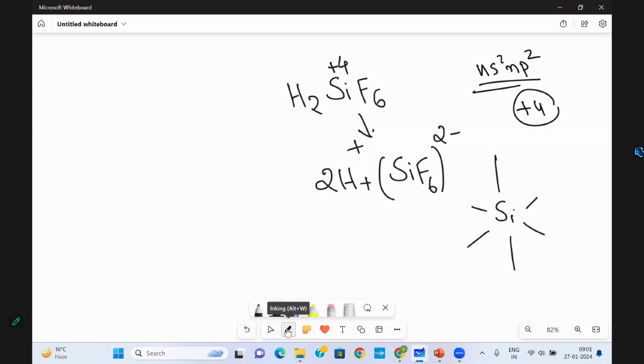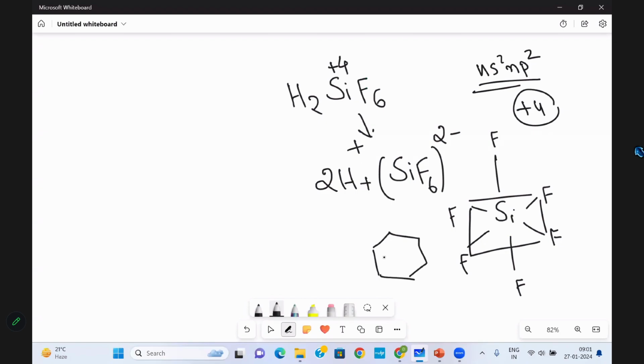Because the d orbitals are filled up by fluorine. And also it is octahedral, a homoleptic octahedral geometry. It's very, very stable. In octahedral geometry, many compounds are highly stable because of the lowest energy and high symmetry. Octahedral is one of the most stable symmetries.